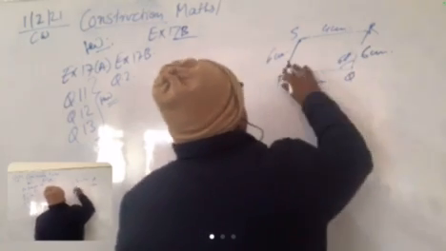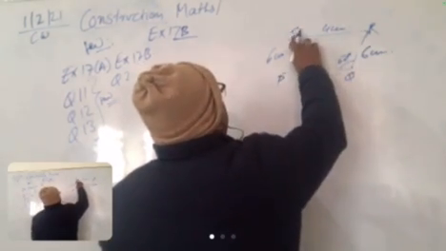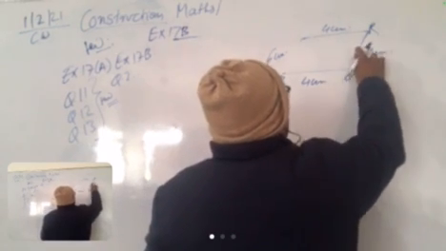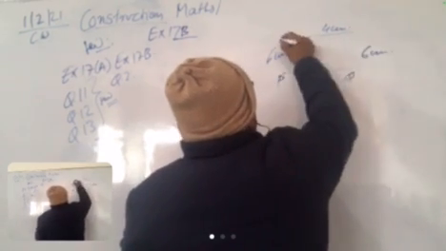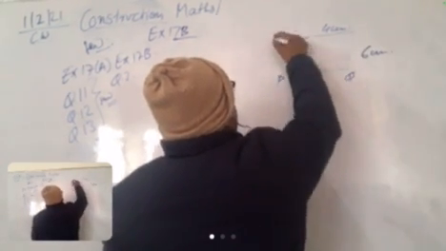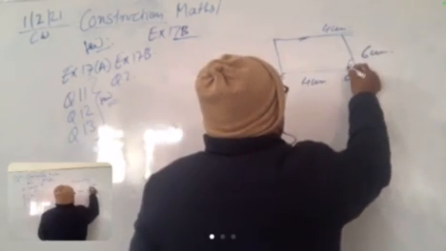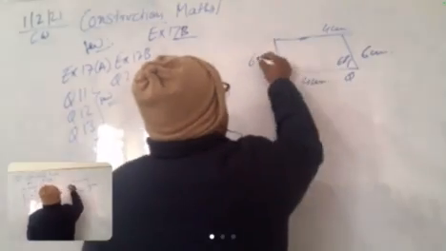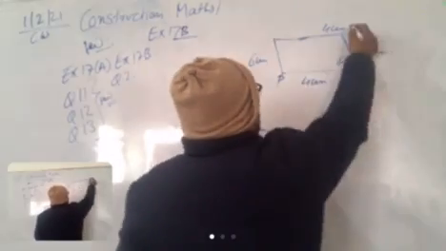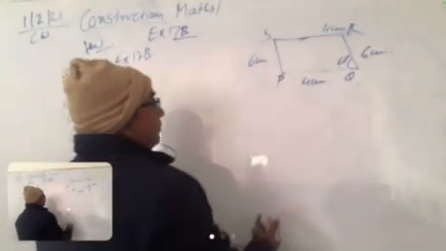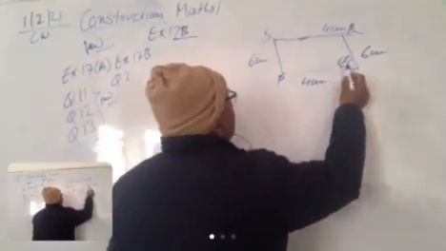ओ तो ये ऐसे कर देते हैं इसको। Now it is 60 degree. This is 6 centimeter. This is PQRS. Now ठीक है, it's okay.